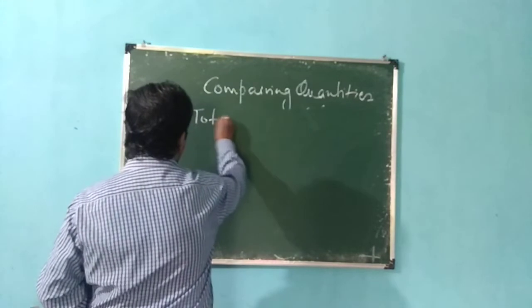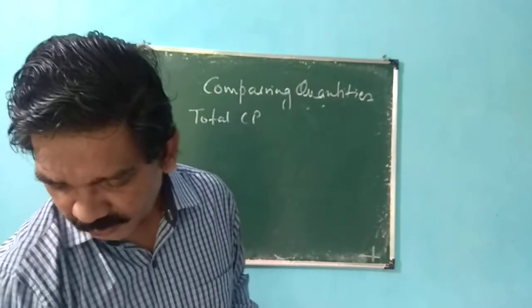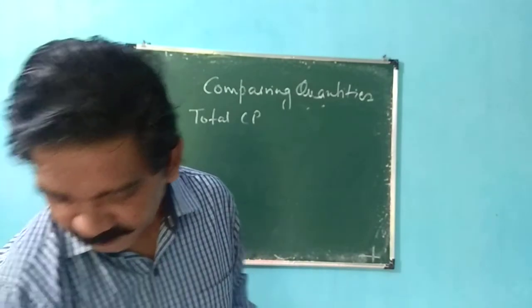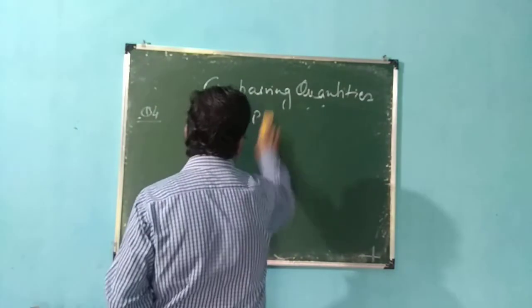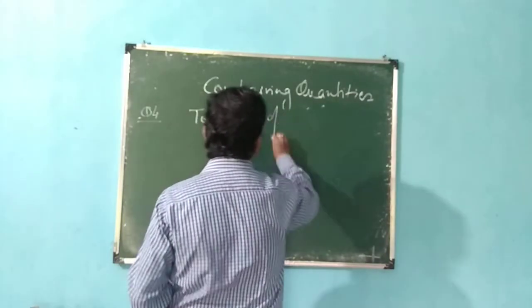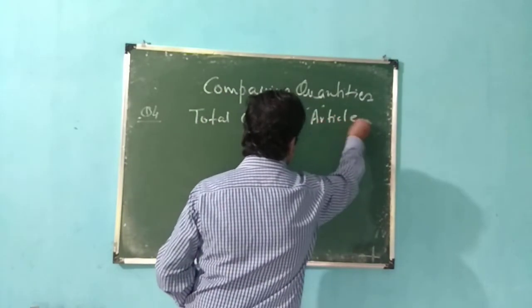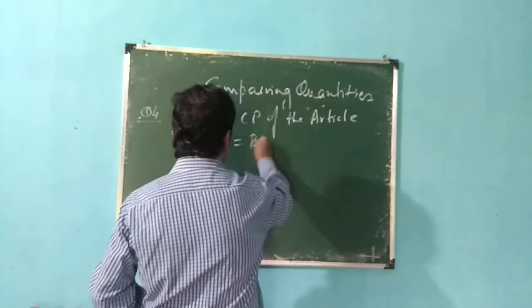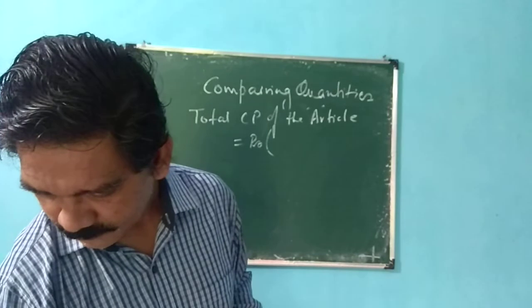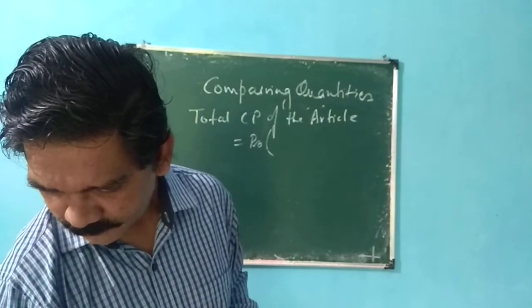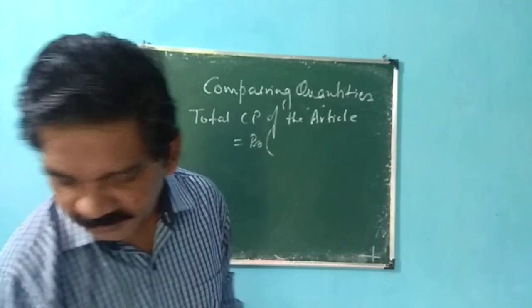Here the total cost, I'm writing cost price, CP in short, total cost price of the article is equal to rupees 15,500 plus 450.